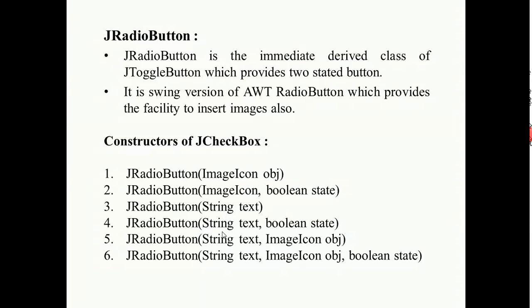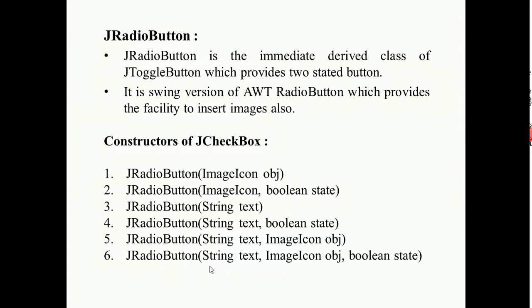String text is the text of the radio button, and boolean state is the state of the radio button. It has two states, checked or unchecked. If it is true, it is initially selected, and if it is false, then it is unselected.